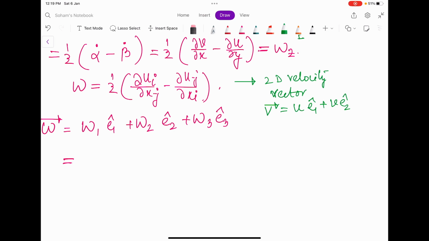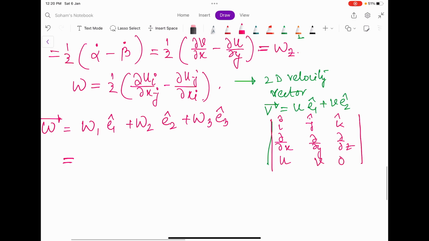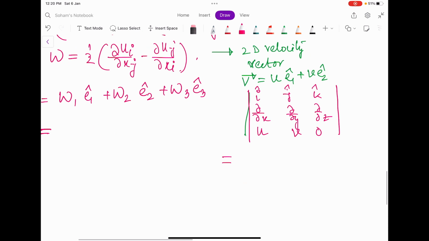Then if I take this derivative, with i cap, j cap, k cap, and the components u, v and 0, let us see.